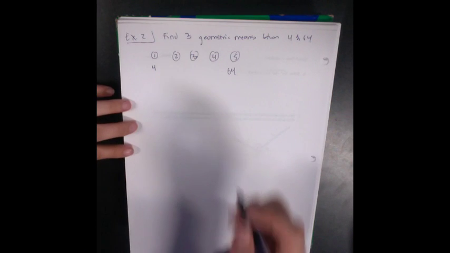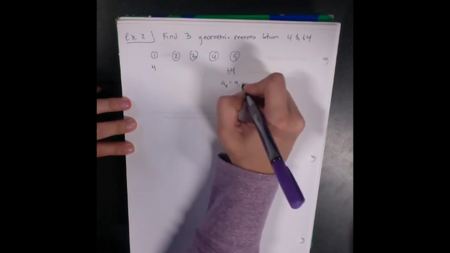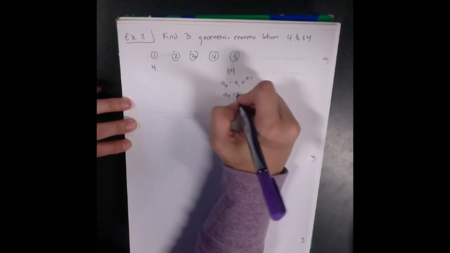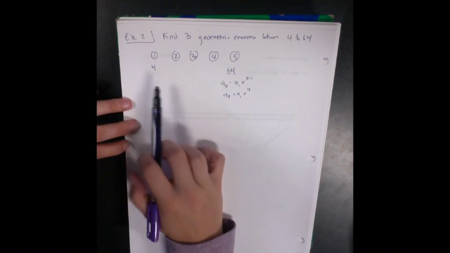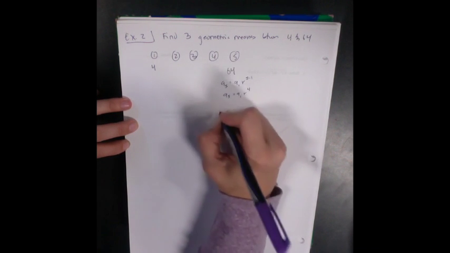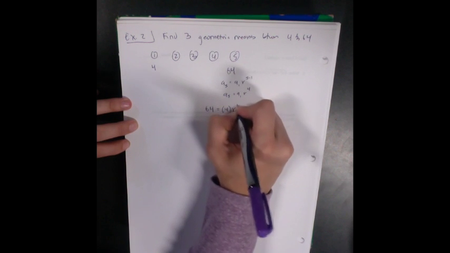Now my fifth term, a sub 5, is a sub 1 r to the 5 minus 1, or a sub 5 is a sub 1 r to the 4. I know that my a1 is 4 and my a5 is 64, so I can say 64 is 4 r to the 4th.